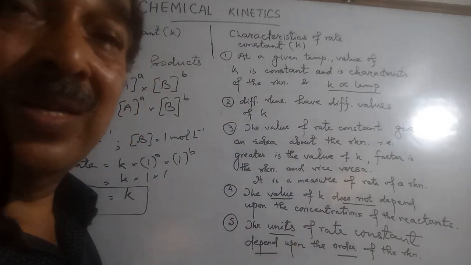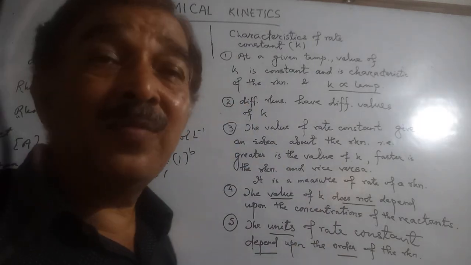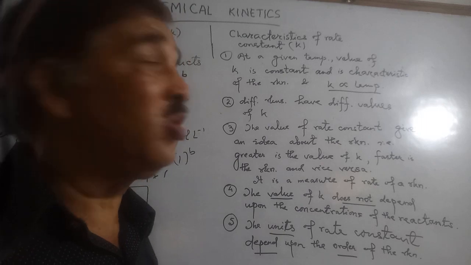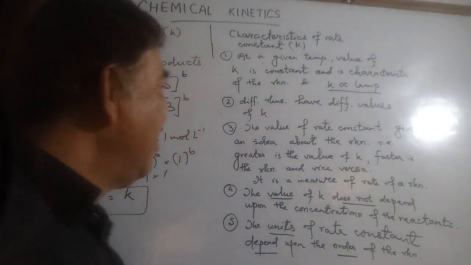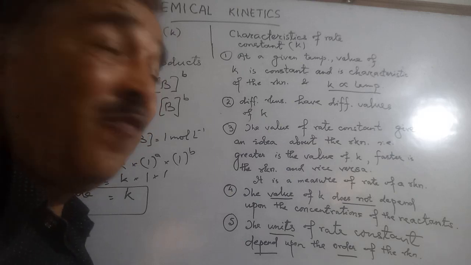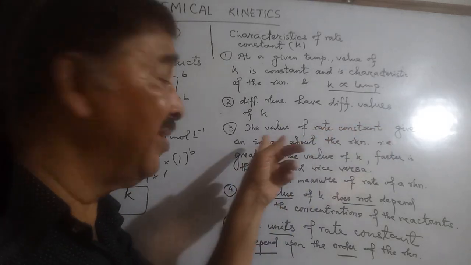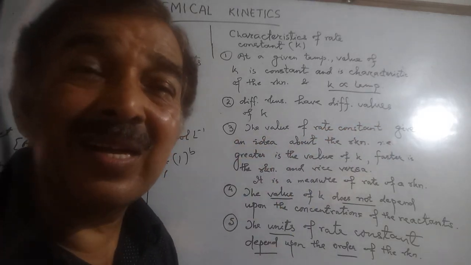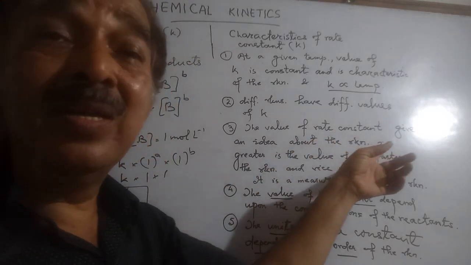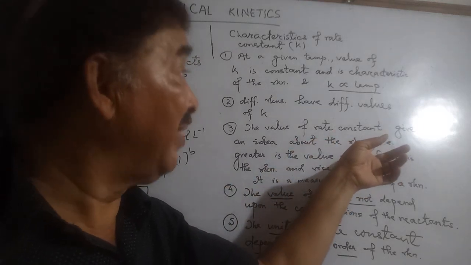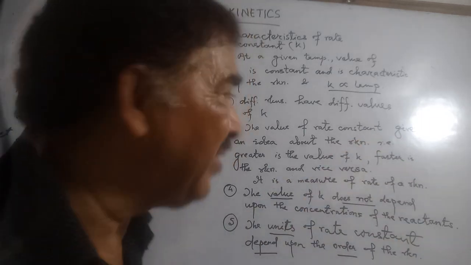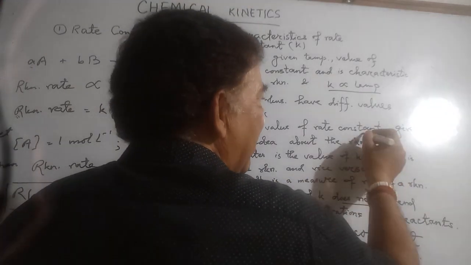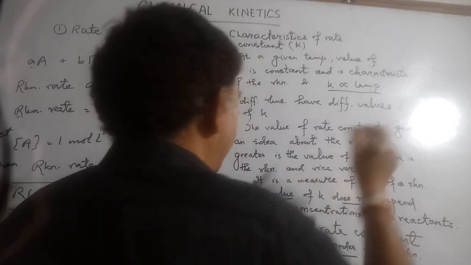The second one is, different reactions have different values of K. The third one is, the value of rate constant gives an idea about the reaction rate.